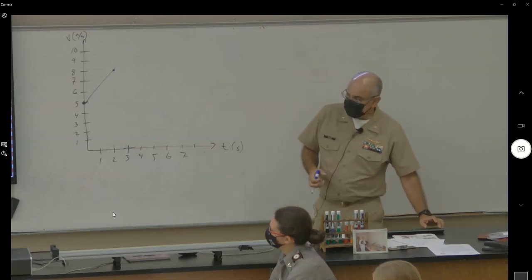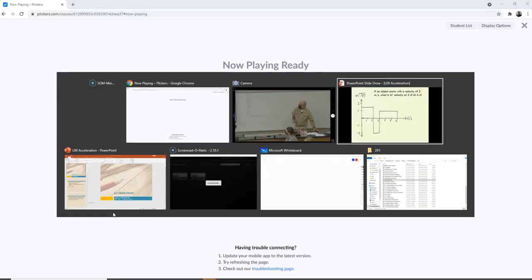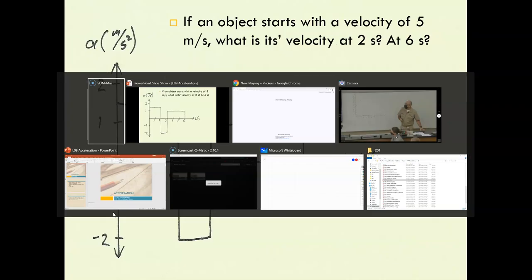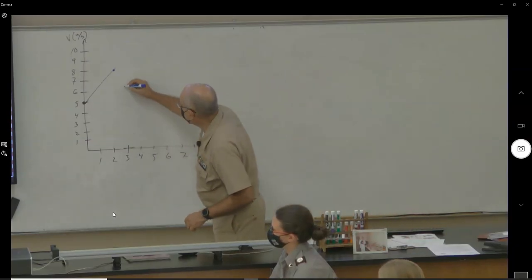Now, in the second part, what's the slope? -2 meters per second each second. So I need to draw a graph for 1 second that goes down 2 meters per second.